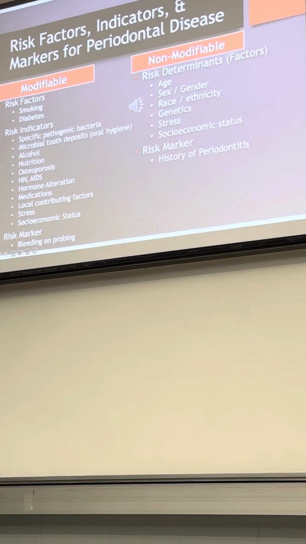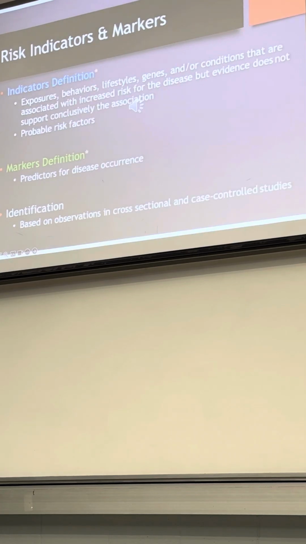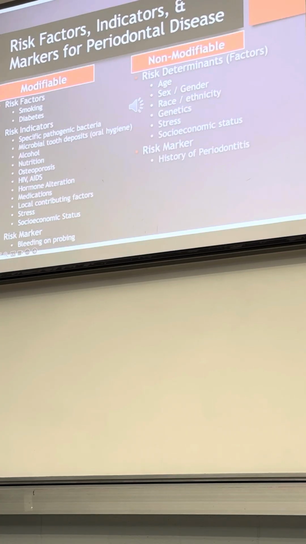It could be. There are some people who it does, but it doesn't confirm it. And then the risk marker is more of a predictor. So bleeding on probing is more of a predictor for that.